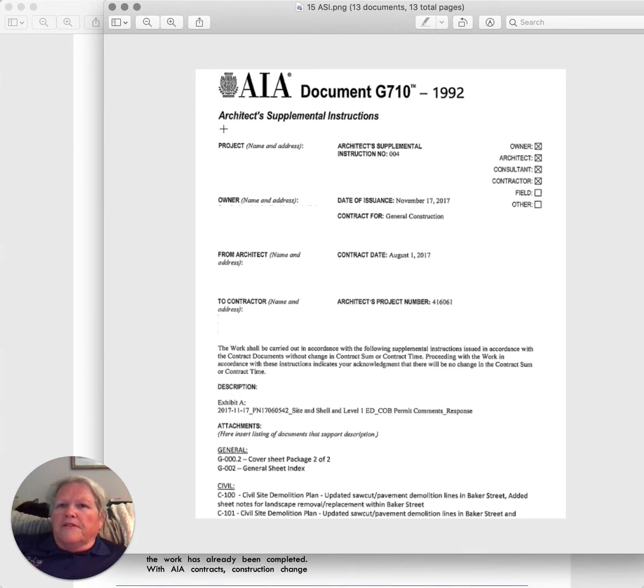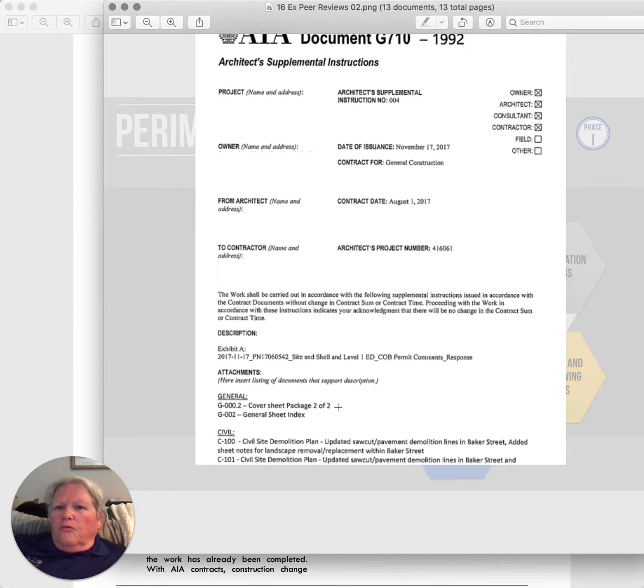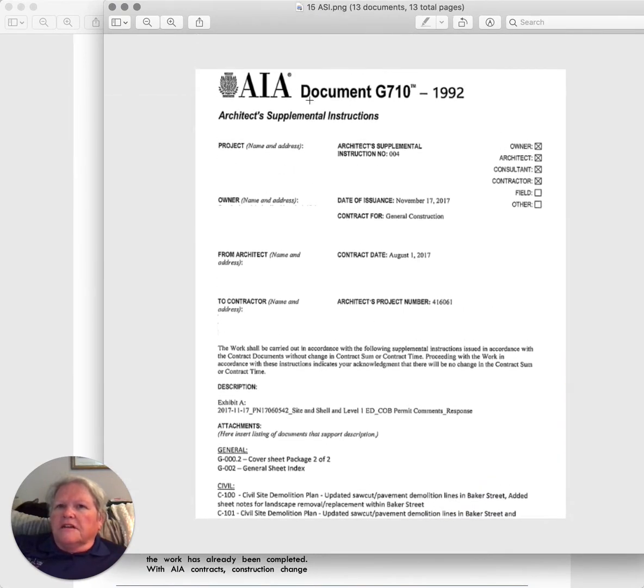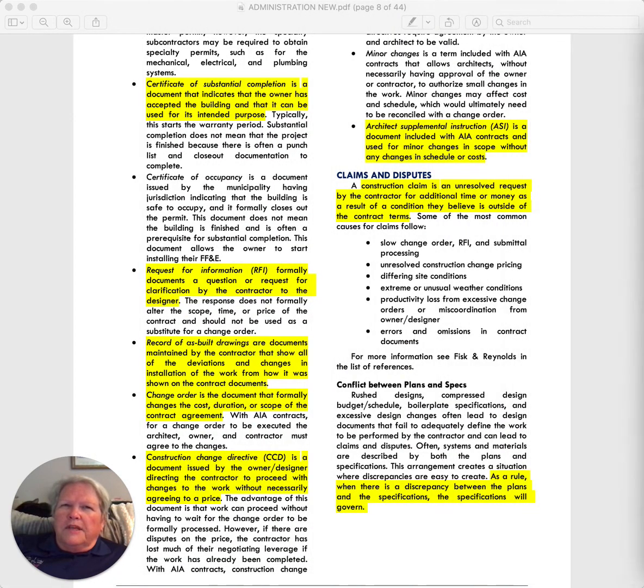This is an example of the AIA document. It's the G710, Architect Supplemental Instructions, and you can see here it will list what attachments and what sheets are involved and what the change is. So again, be aware that it's supposed to be minor changes in scope without changes in schedule or costs, but I've seen it used where there are major schedule and cost changes.